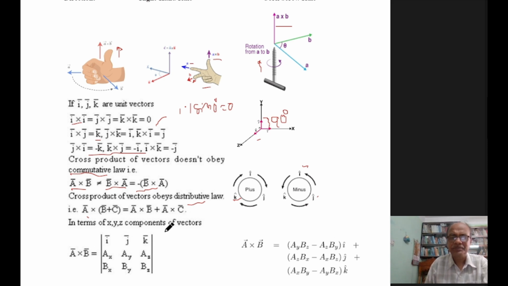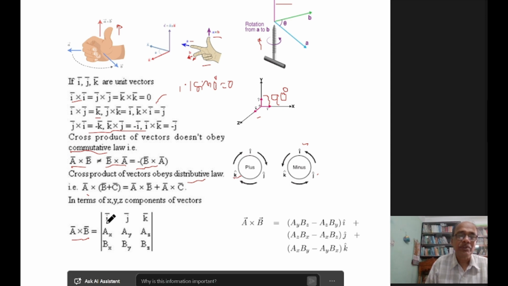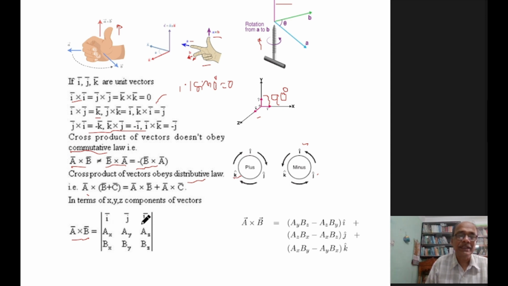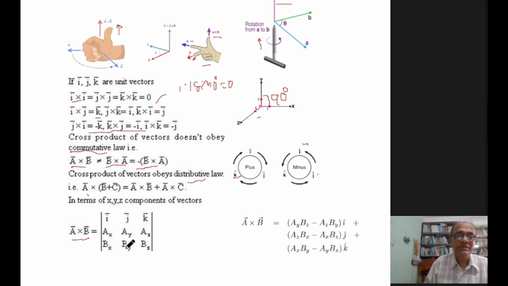Now if Ax, Ay, Az are the components of vector A along i, j, k, and similarly Bx, By, Bz are the components of vector B along x, y, z, then A cross B is the determinant with rows i, j, k, and so on. In the expansion, for i, we take these into this minus this into this.